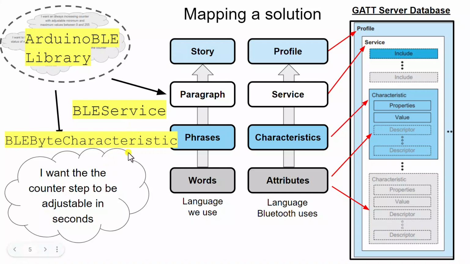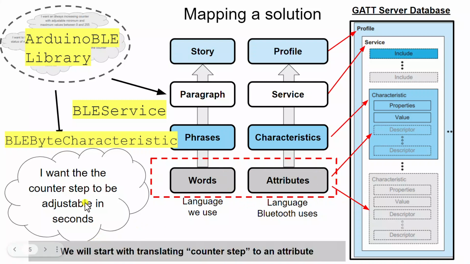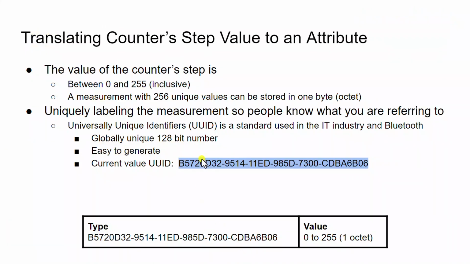If we then focus on some of the details about the attributes, we can start by translating this counter step to an attribute. So how do we do that?